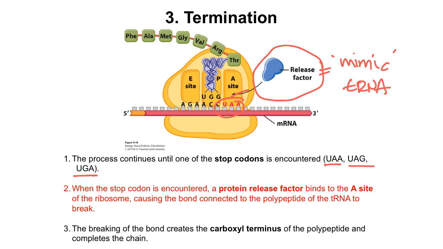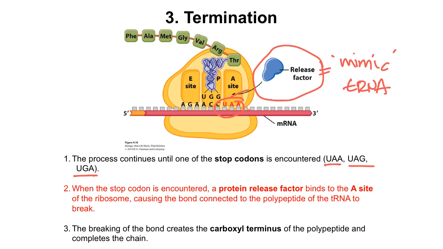So when they uncovered the three-dimensional structure of this particular protein called release factor, they discovered that it has a three-dimensional shape that mimics the shape of a cloverleaf tRNA.